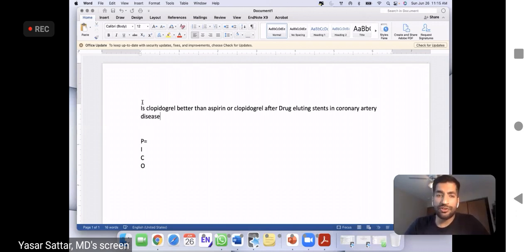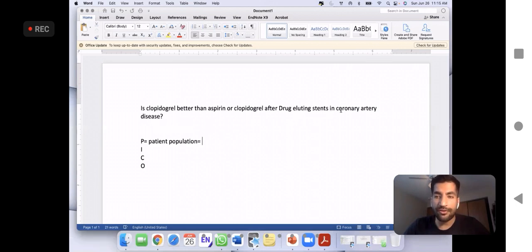Now, this is a simple question. What's my P? P is my patient population. So in my research question, what's my patient population? People who had coronary artery disease.